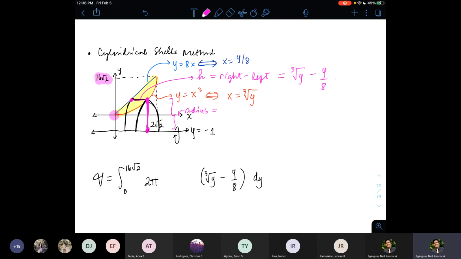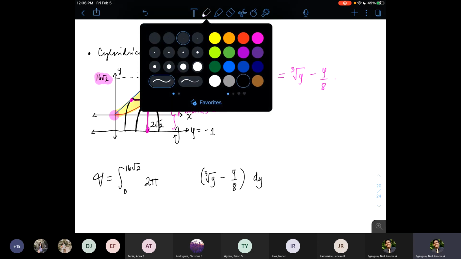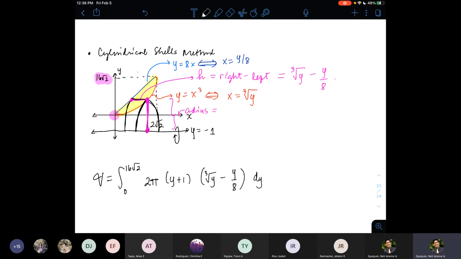Okay, Jocelyn, you're correct. It is y plus 1. Why do we have y plus 1? Well, remember, I mentioned earlier, measuring something from the x-axis upward, that's going to be y units. So this guy would be y units, right?